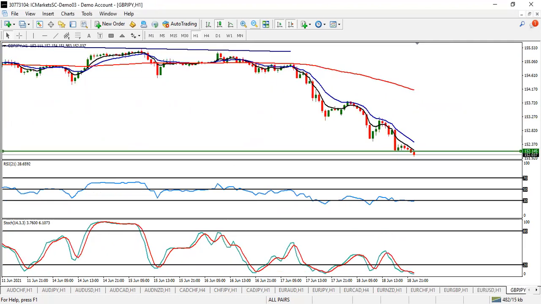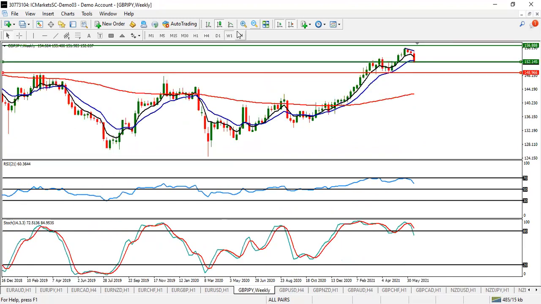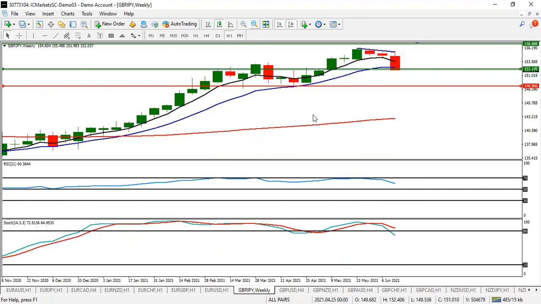GJ, GBP JPY. Okay, we have a structure to the downside. Several structures have been broken. Structure got broken here, right here, right here. So we expect this pair to keep pushing down. The weekly candle, the same thing we have on the Euro USD. We have good momentum on the JPY pairs to the downside.